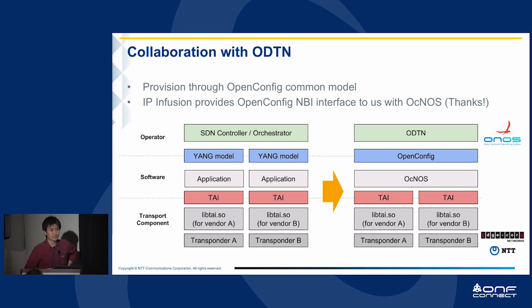To achieve such an OpenConfig API, we collaborate with IP Infusion, which provides the network operating system called OcNOS. Thanks to their active contribution, we finally successfully integrated ODTN and Cassini boxes using all open APIs: TAI, Transport API, and OpenConfig.